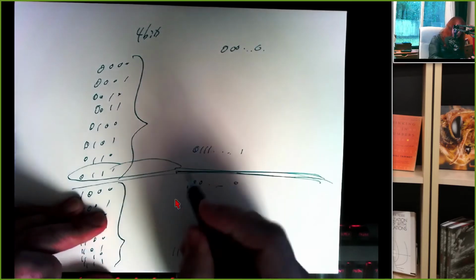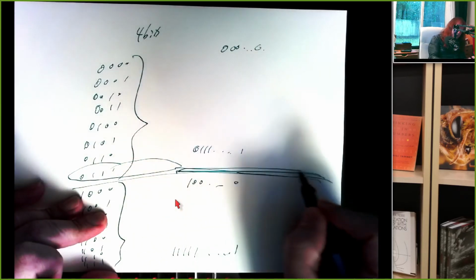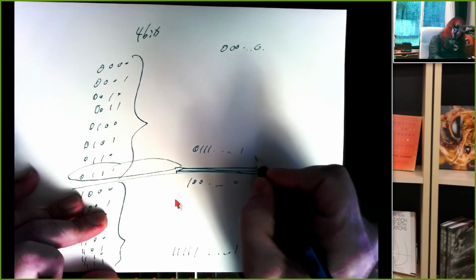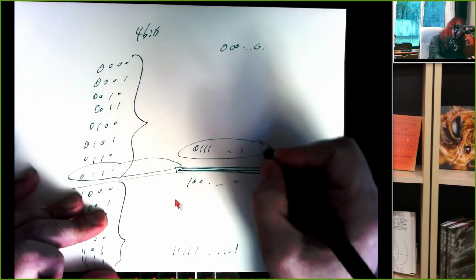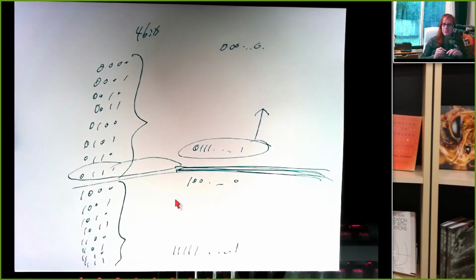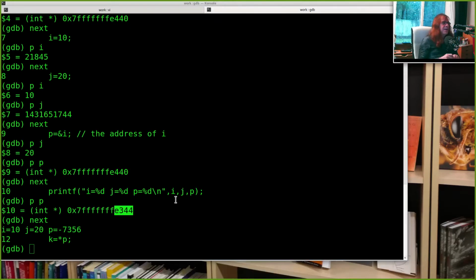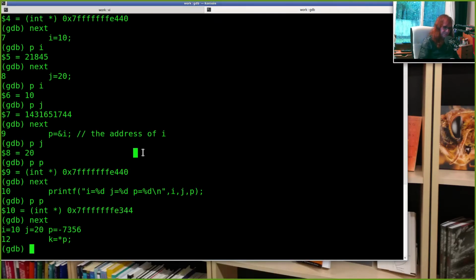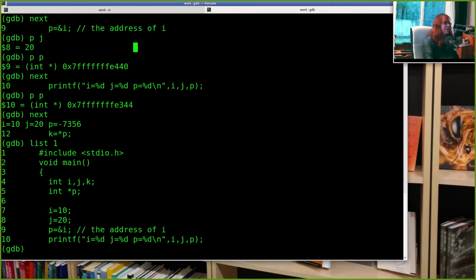And what a lot of systems will do is they will say, okay, let's start at this address and work our way down and use this for temporary storage, local variables. And when I say something like integer I, that's a local variable.